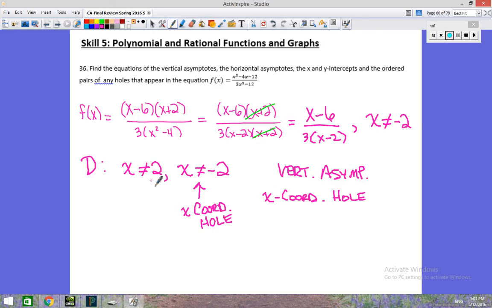And this other one, and really I should say when x equals -2 is the x-coordinate, because not equal to -2 meant that it wasn't in the domain. We threw it out of the domain, and at x equals -2, you're going to see a hole in the graph.